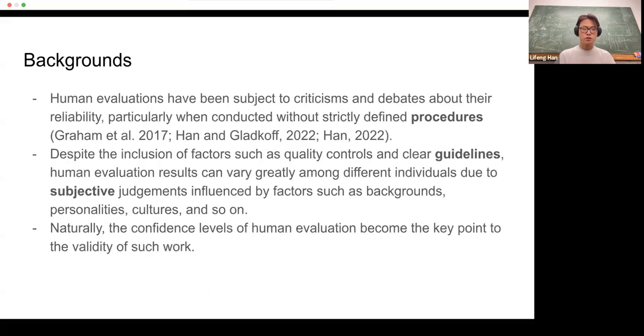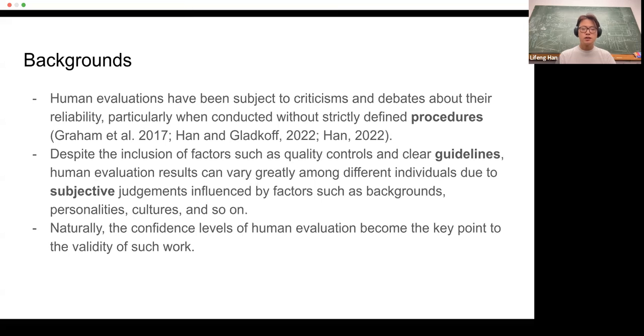The background of our work: human evaluations have been subject to criticisms and debates about their reliability, particularly when carried out without strictly defined procedures. We list some references by Graham et al. 2017, Han and Gladkov 2022, and Han 2022.